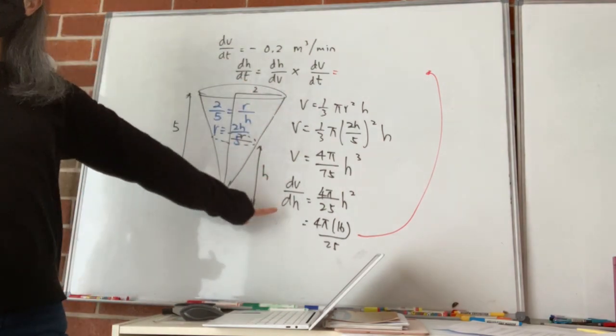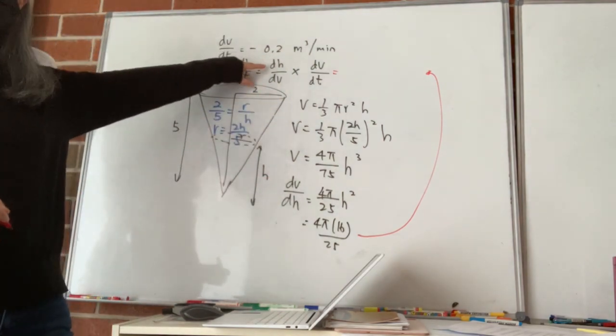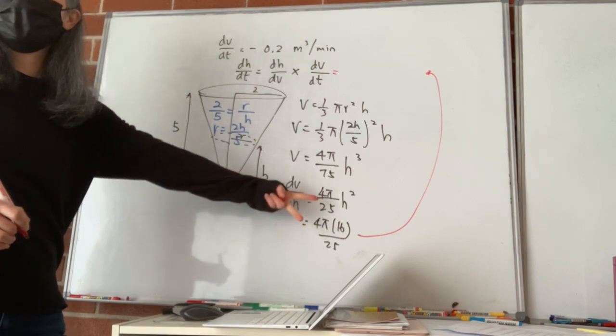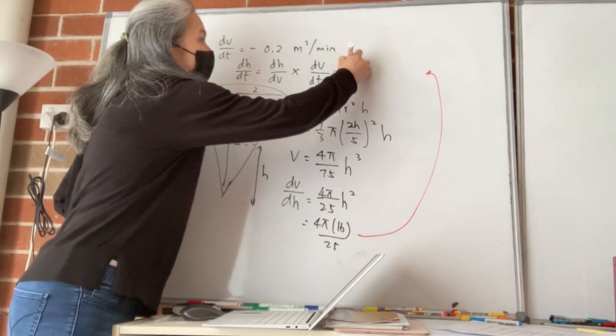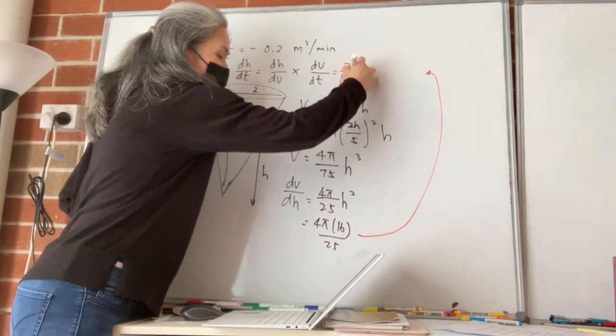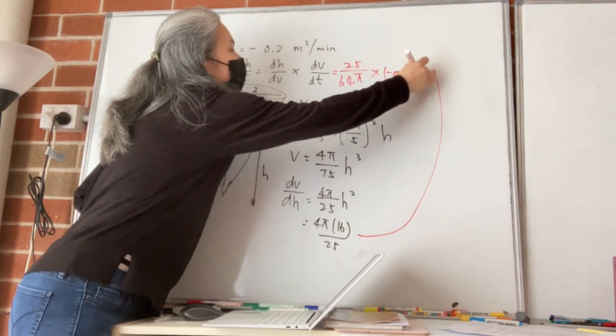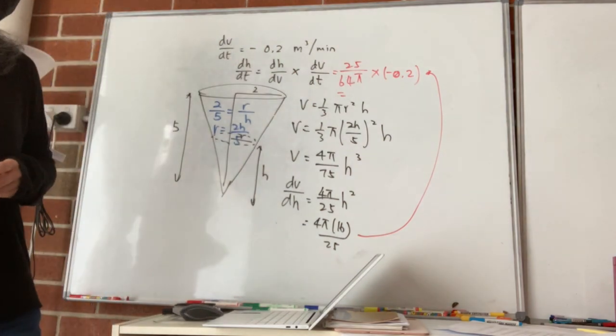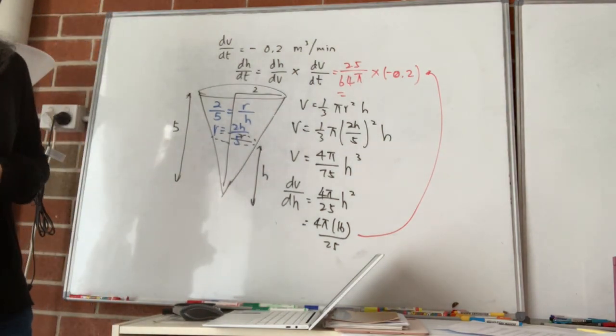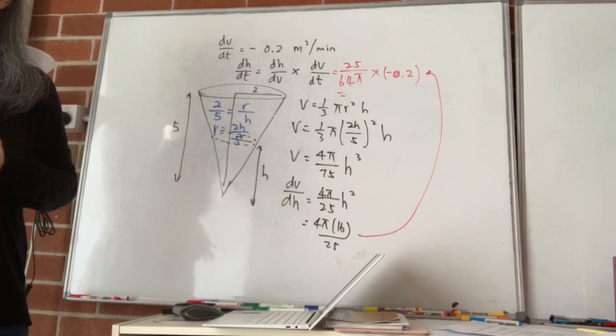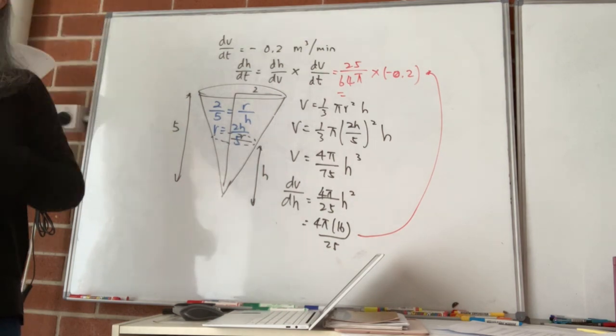We have dV/dh, but the question wants dh/dV, so flip it. So it's going to be 25 on 64 pi times dV/dt, which is minus 0.2. So your dh/dt is going to be negative. That means the height is decreasing.